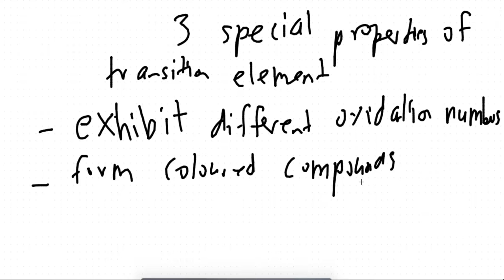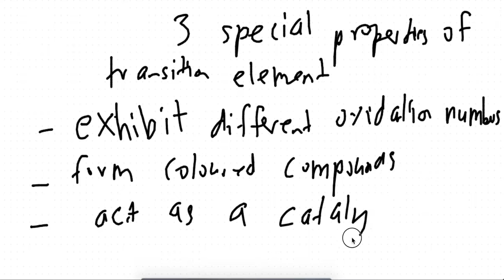They may ask you a 1-point question on paper 1 for the color of a compound, but don't worry about it. Just know that it forms colored compounds. One last thing about transition elements is that they act as a catalyst. And we will see this in chapter 9, manufacturing of sulfuric acid in the industry. So remember that, guys.